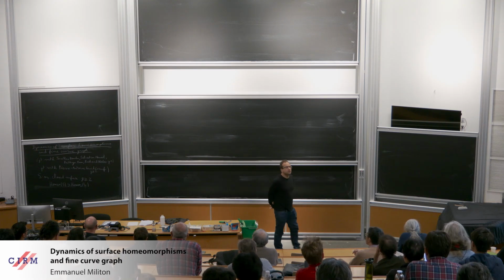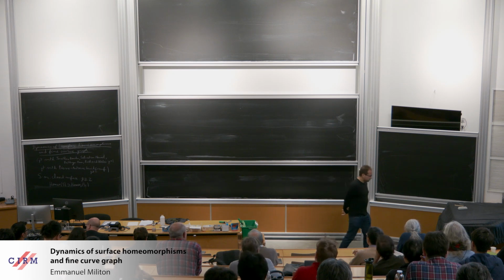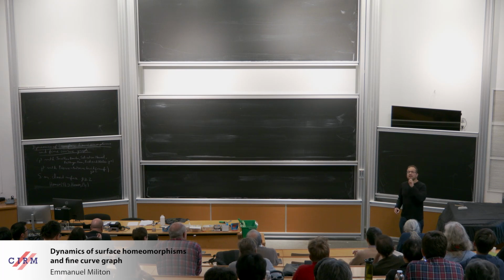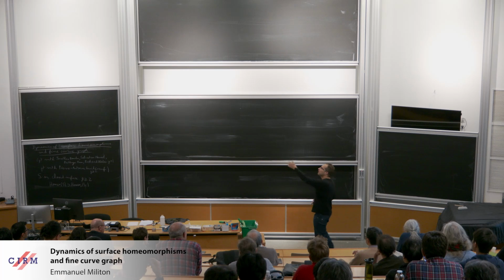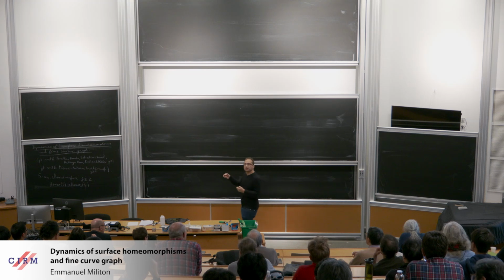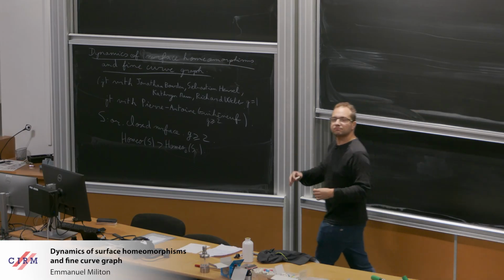And so the goal of this talk is to give you a little glimpse of the dictionary that exists between the isometric action of this group on this geometric object and the actual dynamics of elements of this group on the surface.